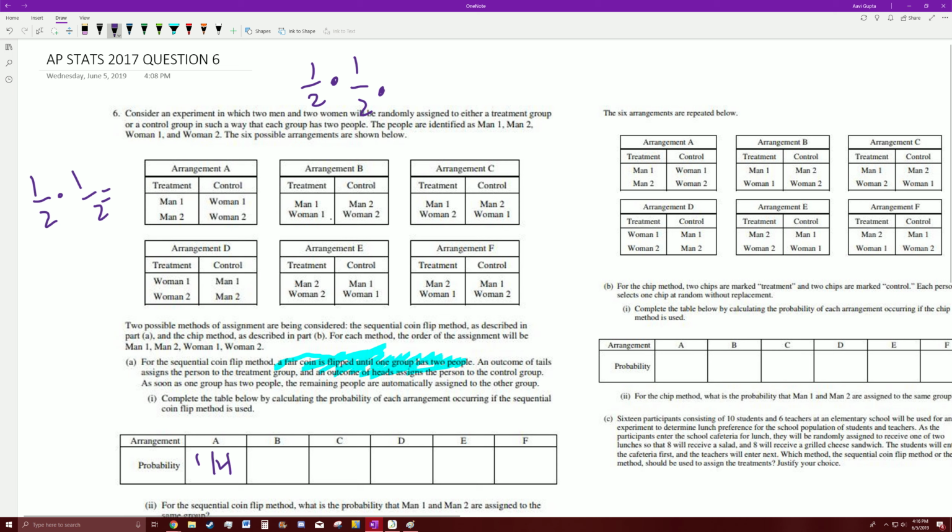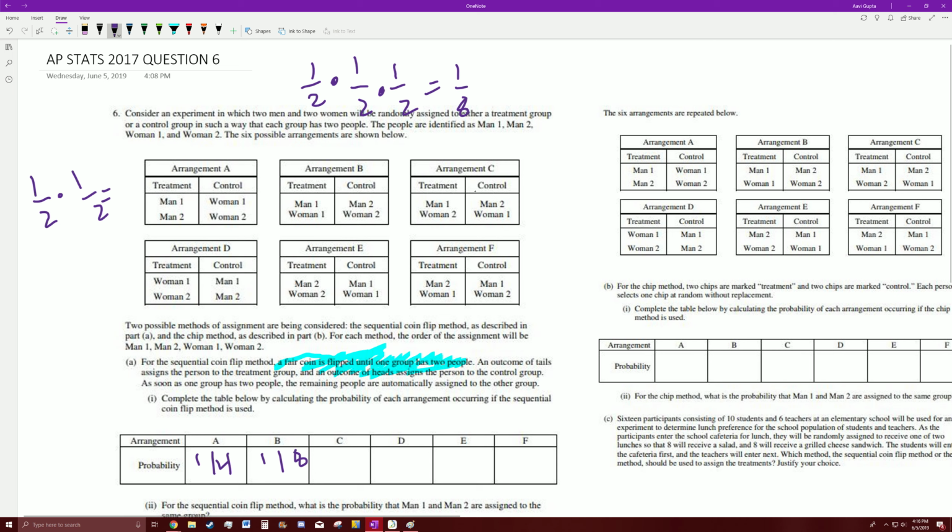She flips the coin, she gets treatment, and again there was a 1 out of 2 chance of her getting tails, so 1/2 again. And now woman 2 will be automatically assigned to the control group for arrangement B. So this is equal to 1/2 times a half times a half, which is 1/8.